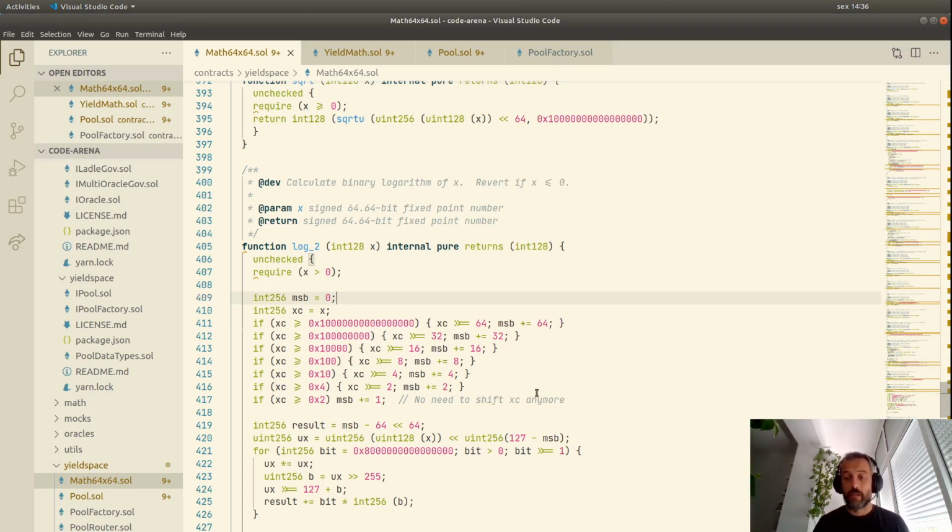Allan actually, when he contacted me the very first time, told me that he needed someone to help him with the math, and I had written some fixed point math libraries and some articles and so on.